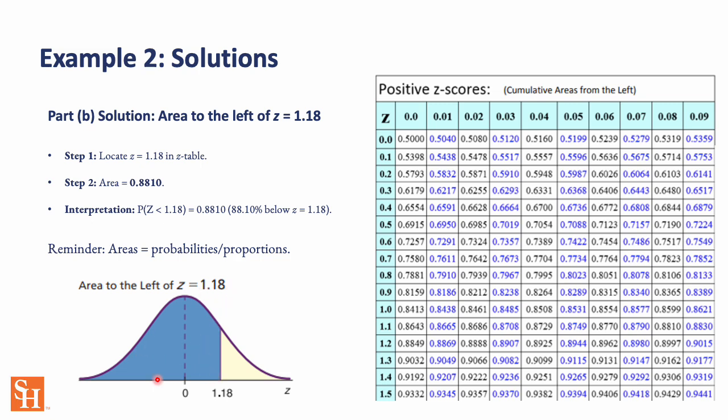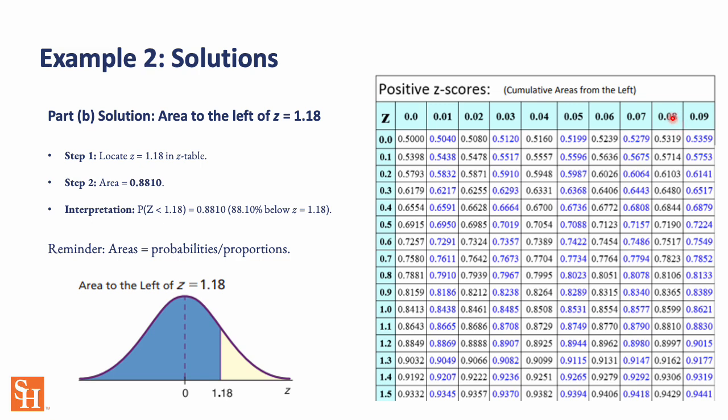So now we will see how we can find the area below Z value 1.18. That means we need to find this area, and let's see how we can use the Z table to find it. Here our Z value is 1.18, so we have to look where we have 1.1, right? Then we have to see where is 0.08.